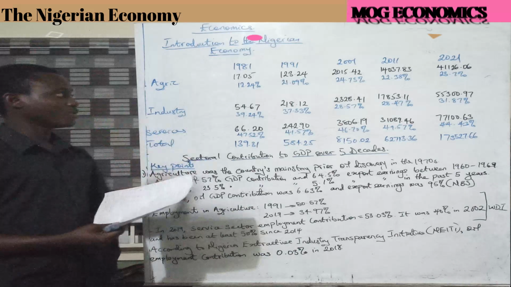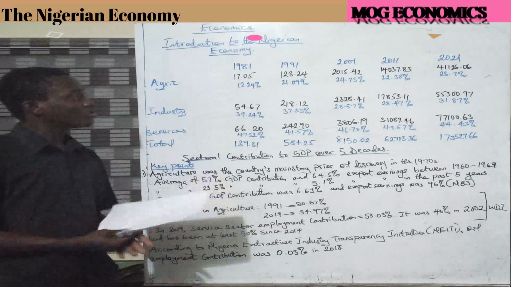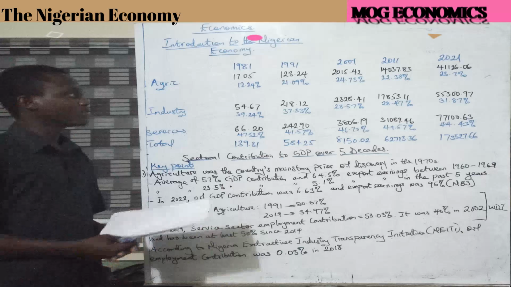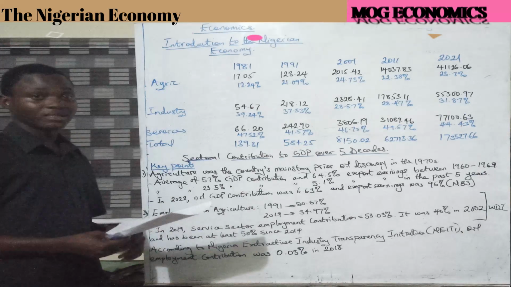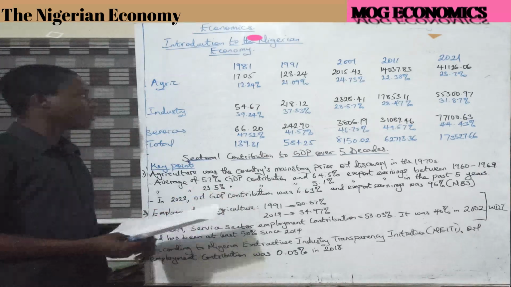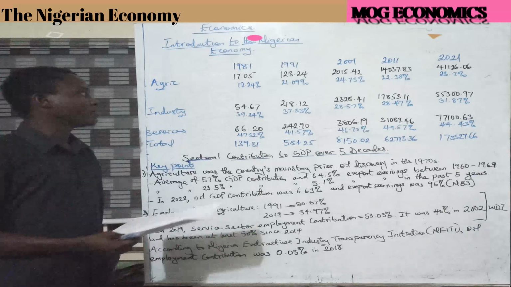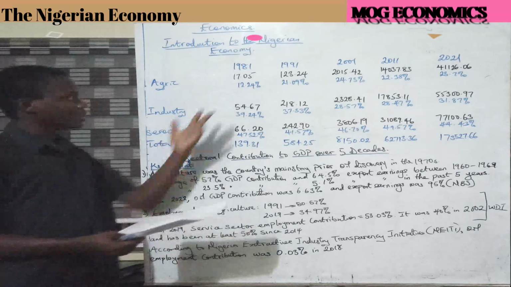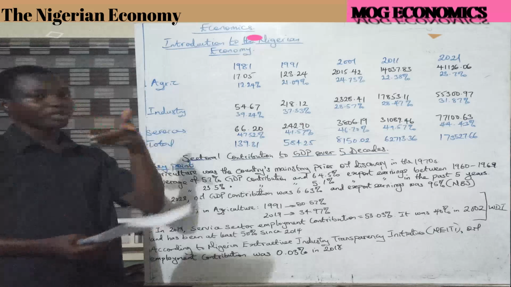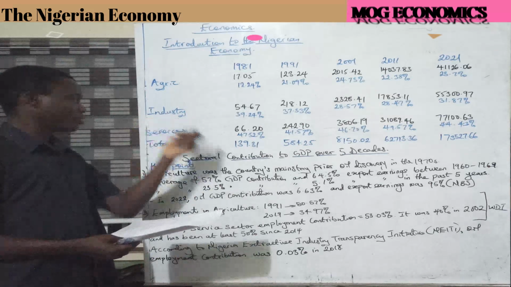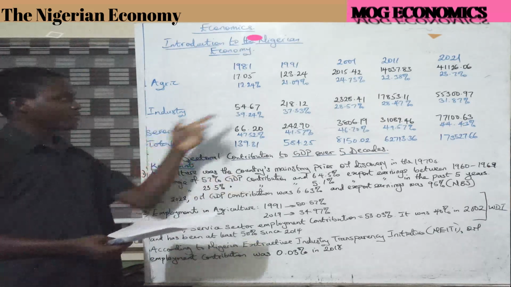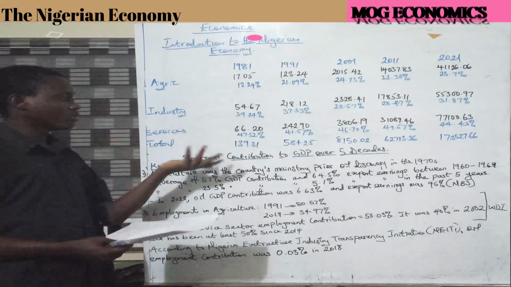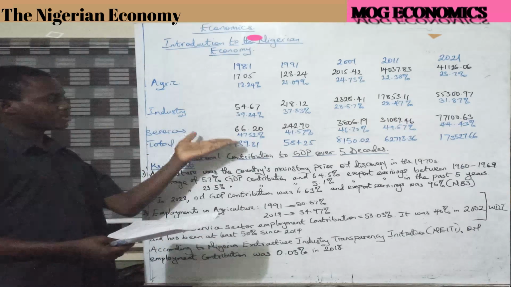I want to use it to tell a story. In 1981, which was 21 years after independence in 1960, the agricultural sector contributed 17.05 billion naira to the country's GDP, industry contributed 54.67 billion naira, and services contributed 66.20.